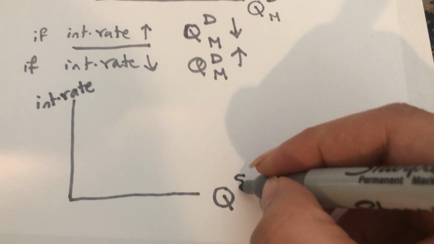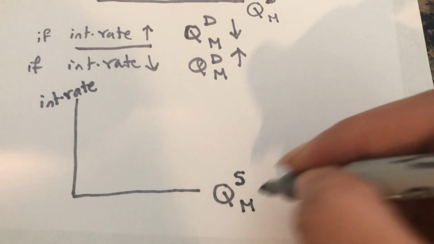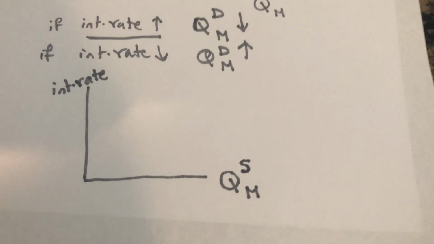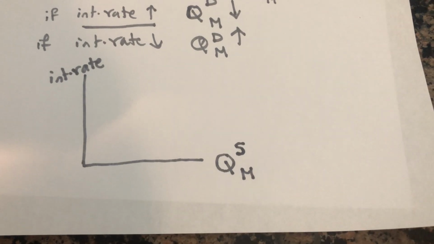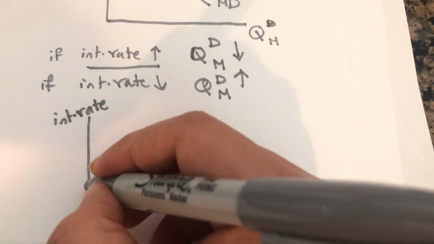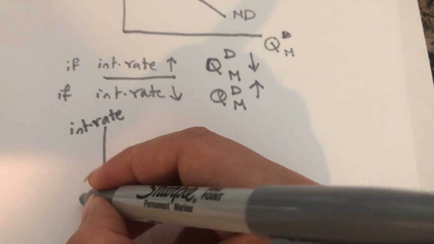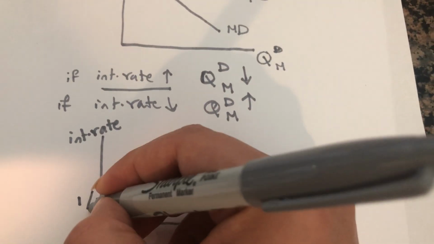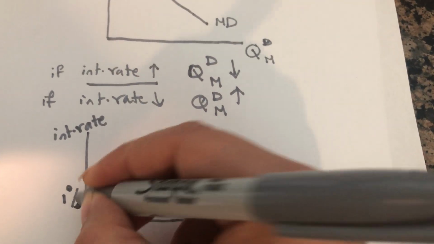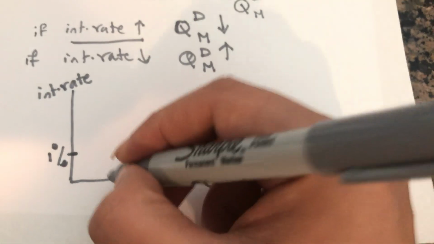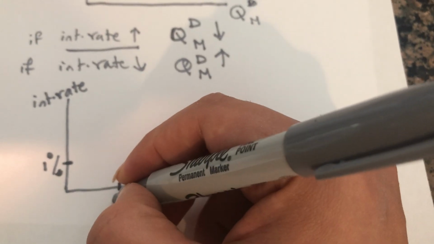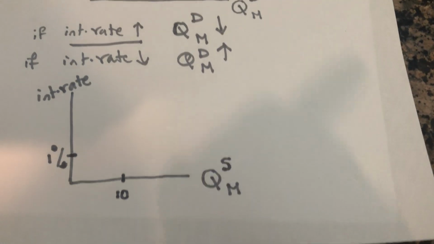This is the quantity of money supplied, QSM. That's how I'm abbreviating the quantity of money supplied. So if the interest rate in the market is, let's say, 1%, the quantity of money supplied in the market, let's say, is 10 trillion dollars.